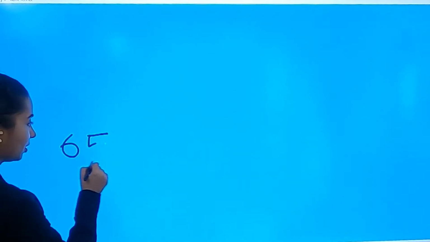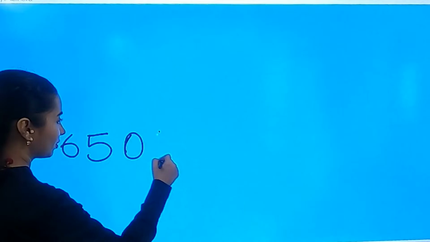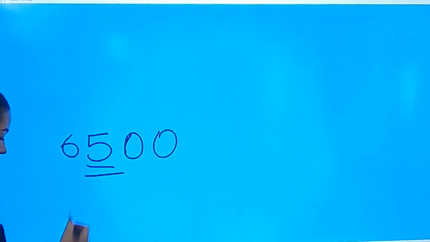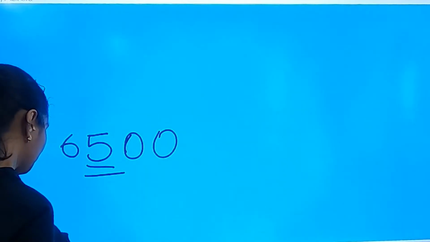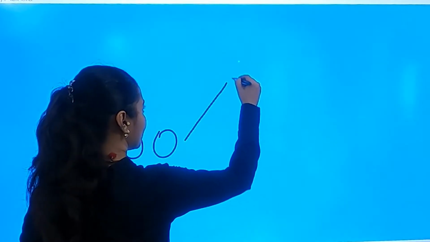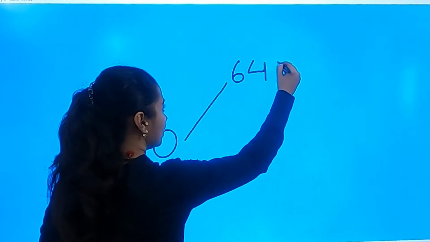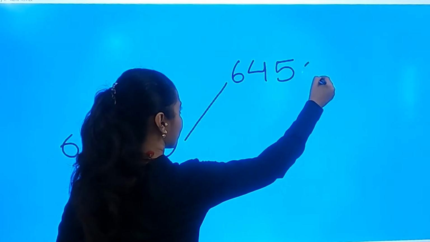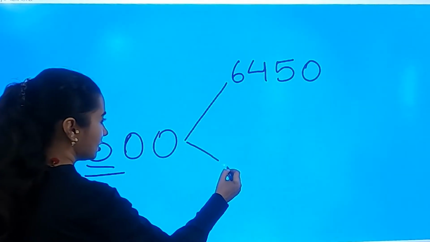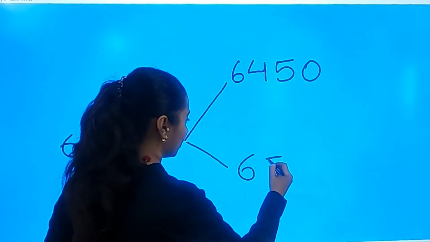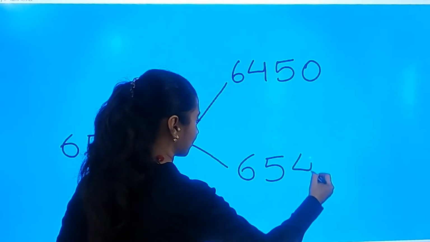After doing these two questions, we can say that a number after rounding off to nearest 100, if it is giving 6500, then it will lie between 6450, because this was the smallest possible number, and 6549.